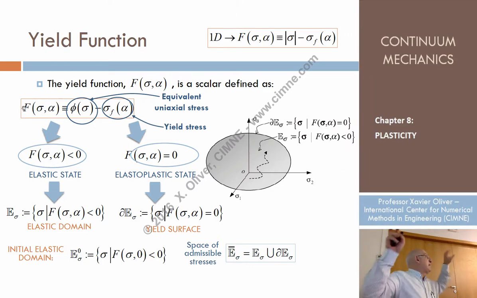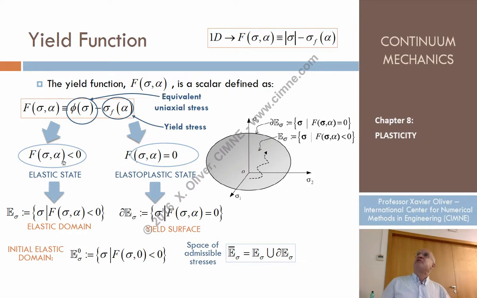We define the traffic light function, that is a scalar function of the stresses and the equivalent strains, the hardening variable alpha, which is equal to the uniaxial equivalent stress, phi, minus the yield stress, in such a way that this function is always either negative or equal to 0. It's never positive. We postulate that this function can be only negative or equal to 0.